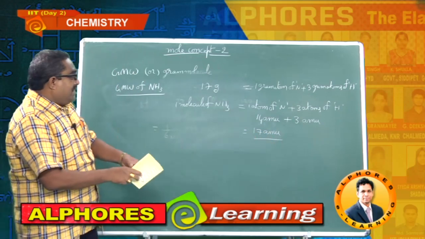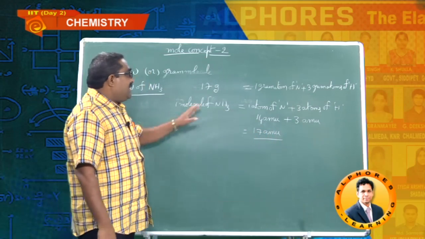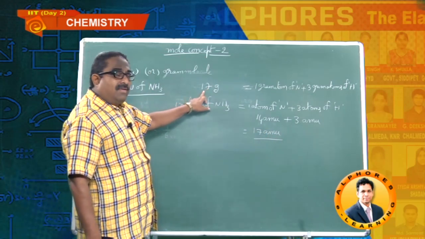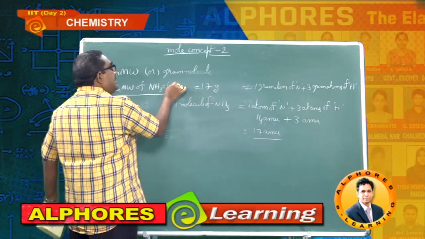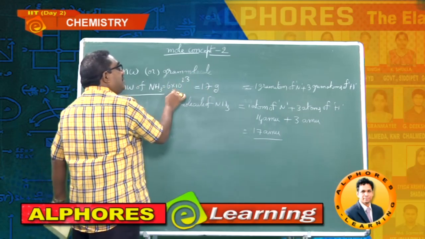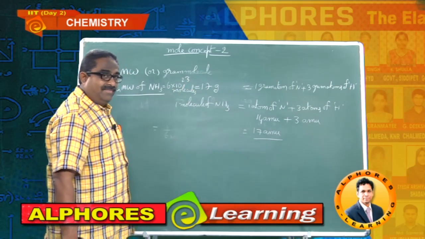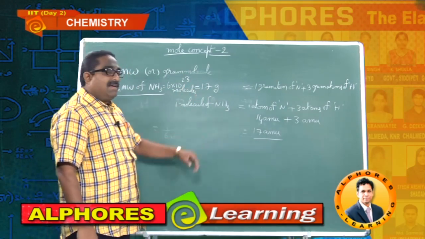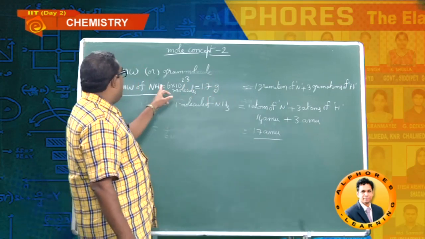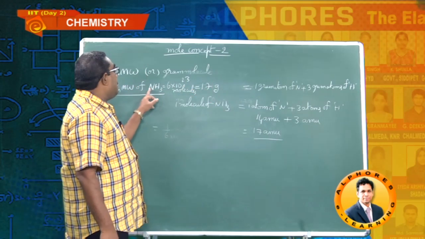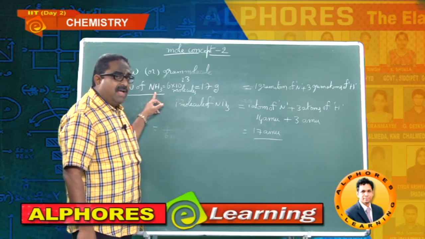See the difference between these two. This is the conceptual approach. So 17 grams is the mass of how many molecules of ammonia? 6 into 10 power 23 molecules of ammonia. That is exactly equal to 17 grams. How did you get this estimation? By addition of atomic weights. Gram atomic weight can also be called 1 gram atom.